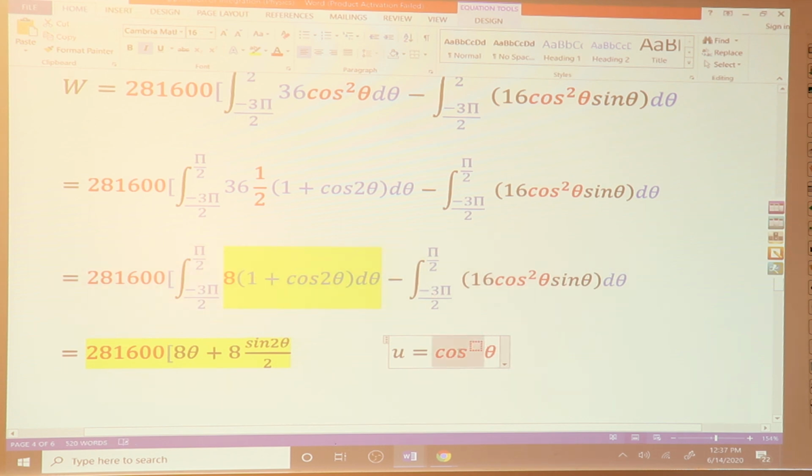Then du equals negative sine theta d theta.